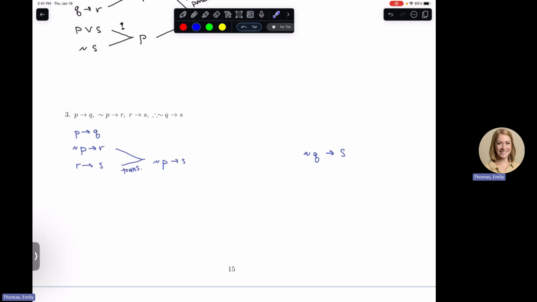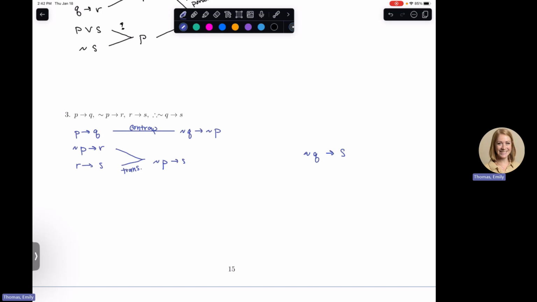Yes, Logan. Could we do the contrapositive? Mhm. So the contrapositive says that this is equivalent to not Q implies not P. Now I've got it.